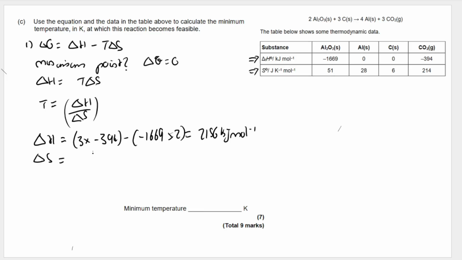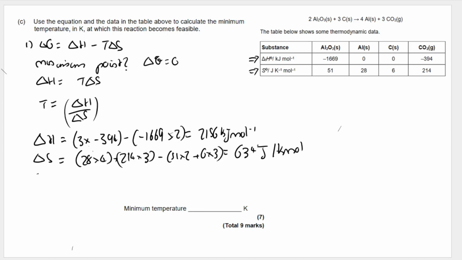We do the same for entropy, and we will find that we subtract our reactants from our products, and we get 634 joules per Kelvin per mole. Now, we need to put these in the same format, and I'll simply divide this one by 1,000 in order to get our answer in kilojoules per Kelvin per mole.